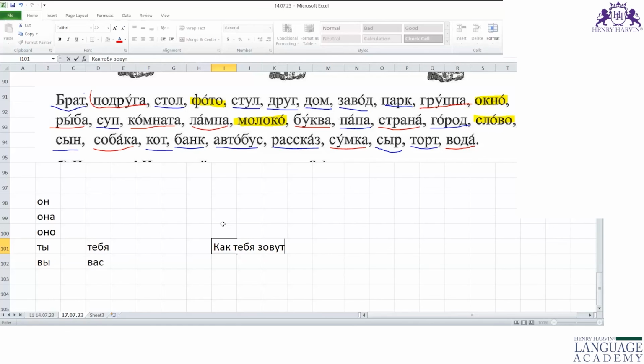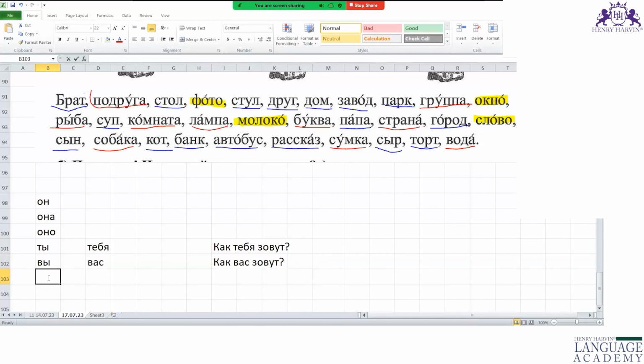Зовут means called. How are you called? И как вас зовут, what are you called, but the polite version of it, okay? So тебя is informal, вас is formal, polite. Как тебя зовут? Как вас зовут?